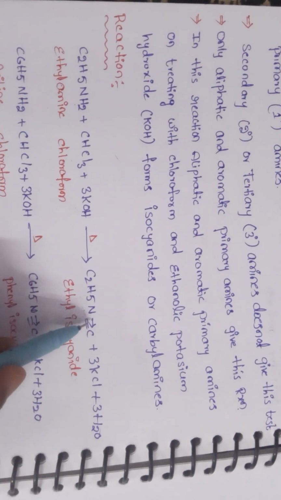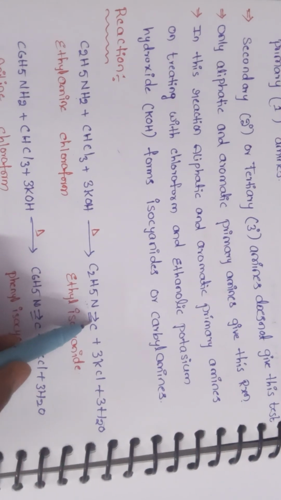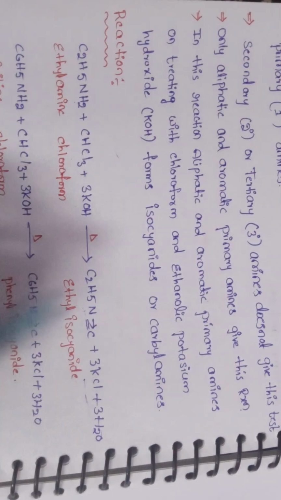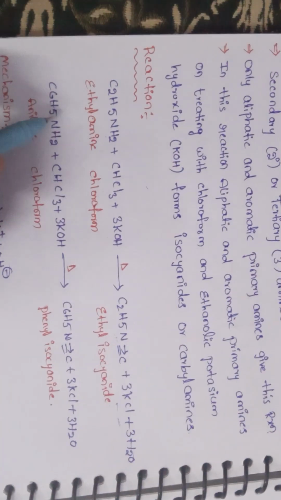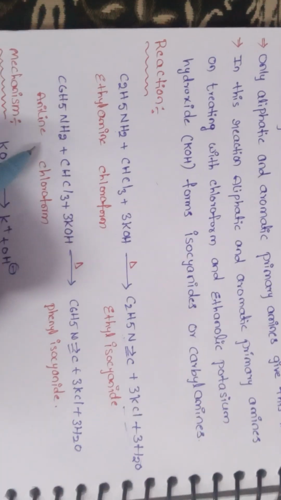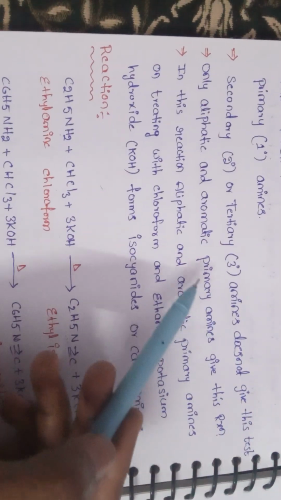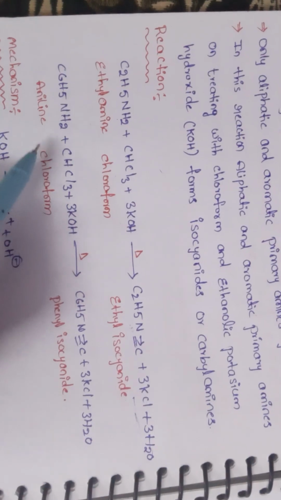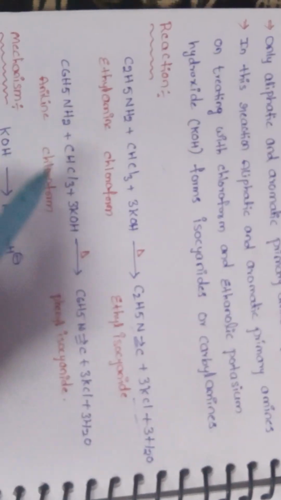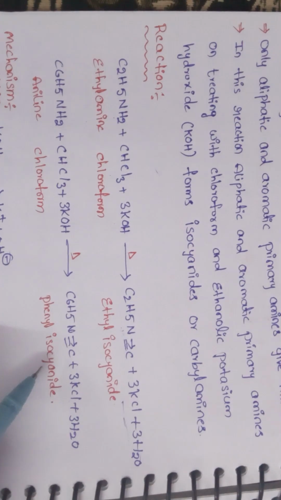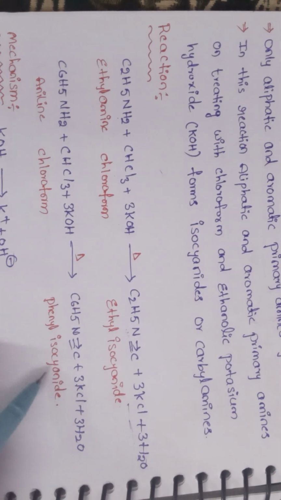CN is cyanide, NC is the isocyanide, ethyl isocyanide. Then these are the byproducts. You can also take aniline. This is the aliphatic and this is the aromatic. Coming to the aromatic, C6H5NH2 reacts with CHCl₃ to give phenyl isocyanide.